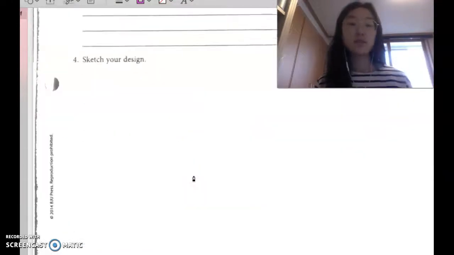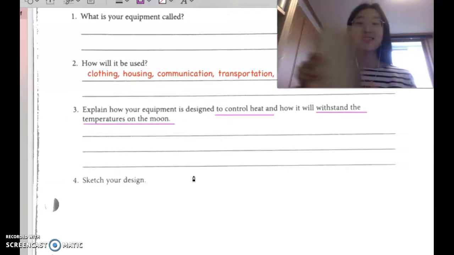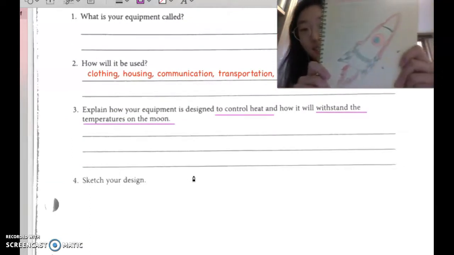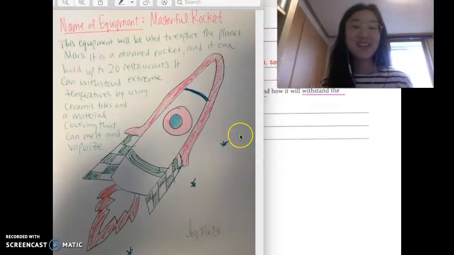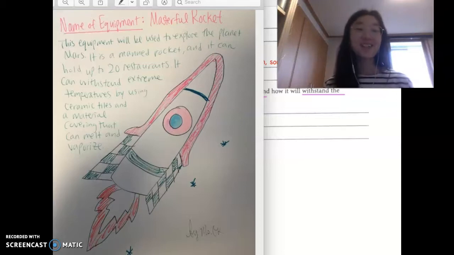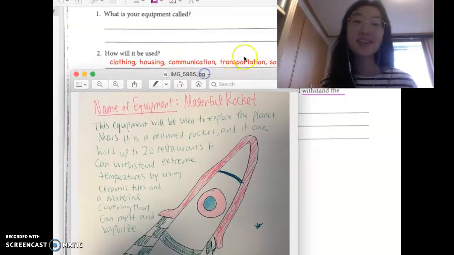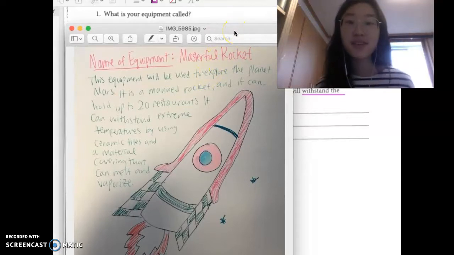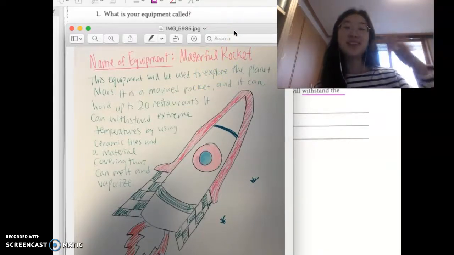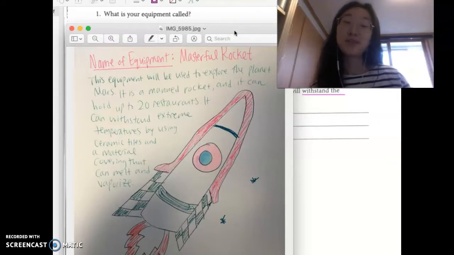So I'll give you an example of my awesome rocket. It's not that good. Let me show you a better version. I obviously designed some type of transportation rocket. So for number 2, I would write transportation, and the equipment name is masterful rocket, using the reading vocabulary word that you will read about later today.